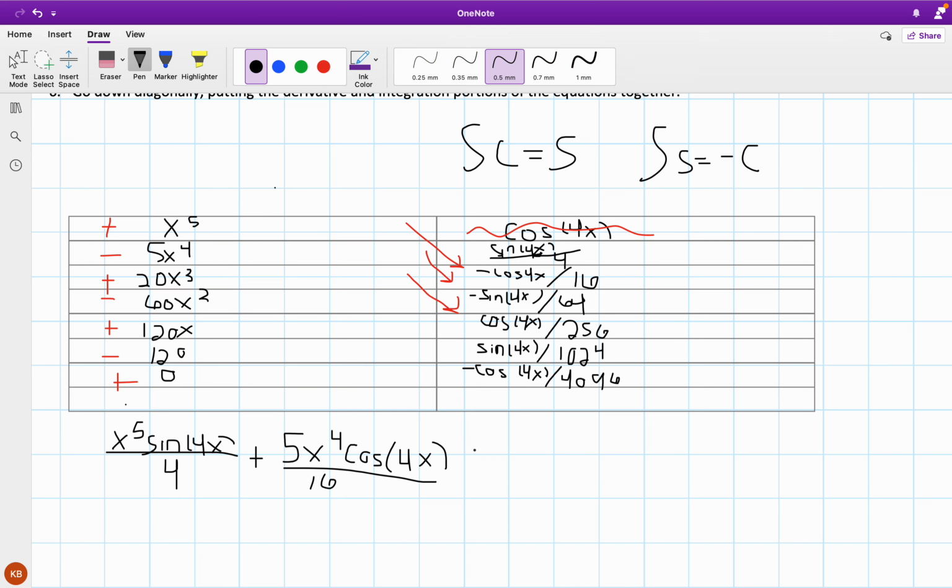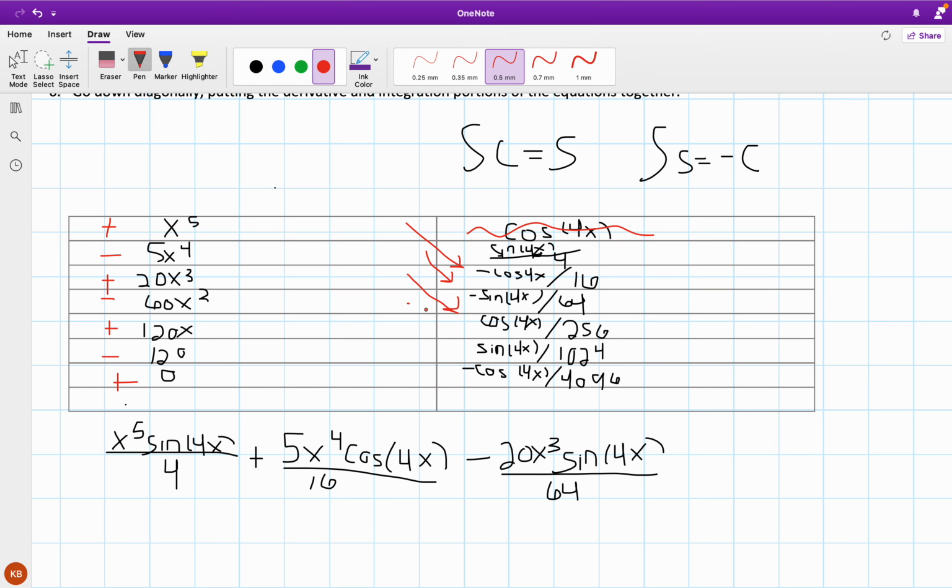Okay, so we have a positive and a negative, so it's going to be minus 20x to the third times sine 4x over 64.